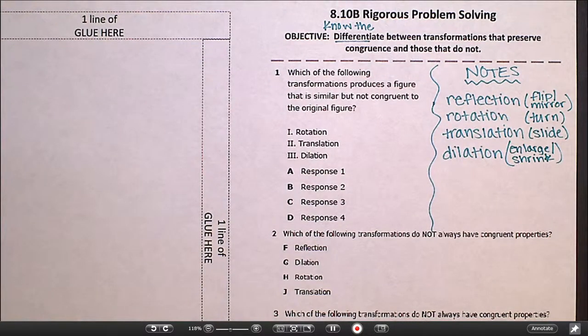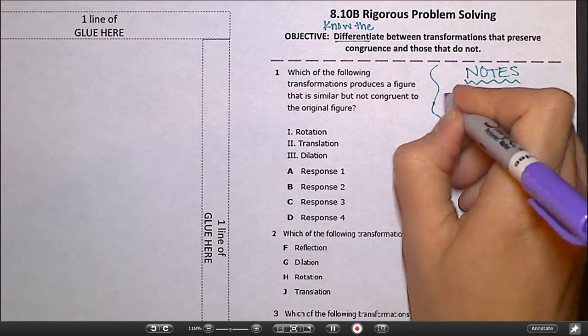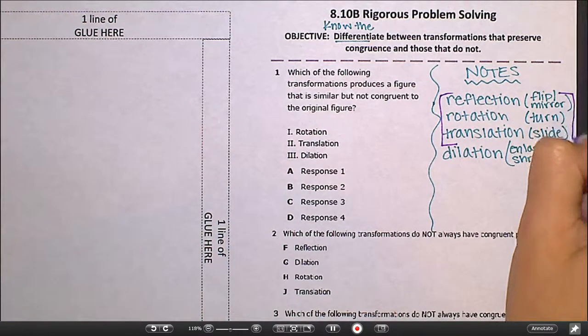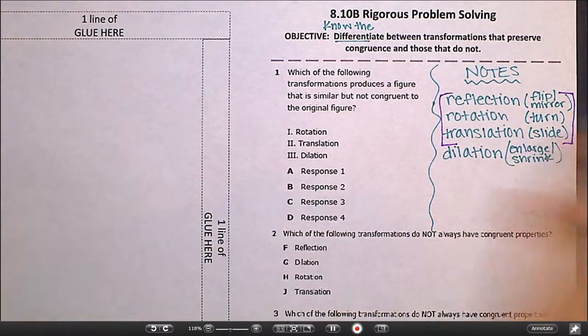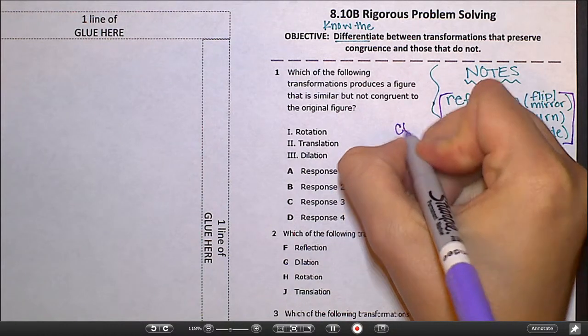There's only one simple thing that you need to know for this assignment, and that is that reflections, rotations, and translations all preserve congruence. So these stay congruent.